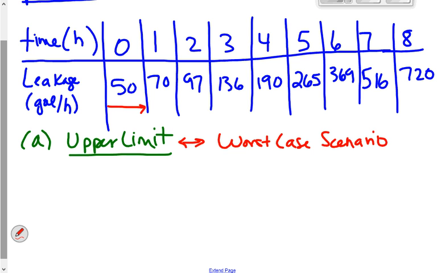But the worst case scenario would be that from 0 to 1, it was really closer to 70. So it's kind of the difference between taking LRAM and RRAM. And in this case, because this is increasing, the upper limit, or the worst case scenario, is going to be RRAM, because the values are always going to be bigger on the right side of the interval.